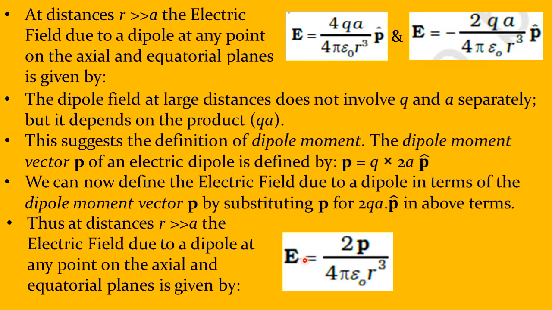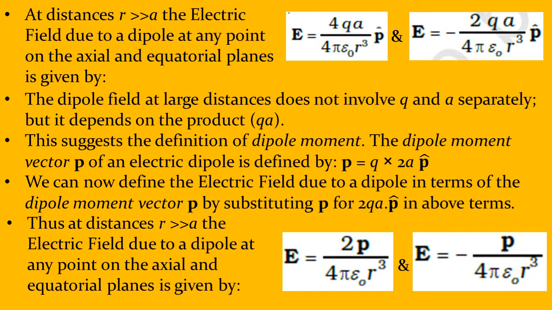So the electrical field is 2P upon 4 pi epsilon naught r cube. And the field on the equatorial plane, similarly, 2QA and P hat, all of them simply become P, the dipole moment vector, upon 4 pi epsilon naught r cube.